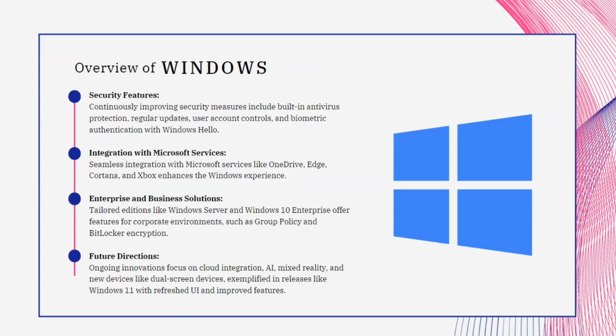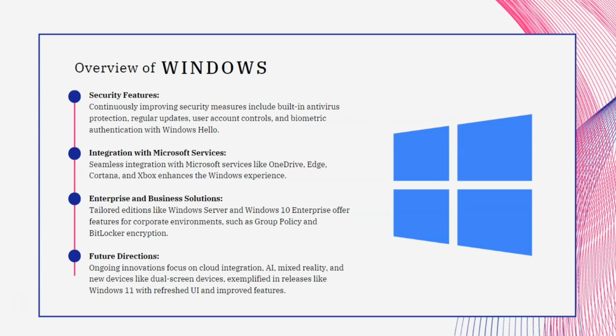Security features. Windows is known to continuously improve security measures, including built-in antivirus protection, regular updates, and user account control. Some of them, not all, but some of them have biometric authentication with Windows Hello. It's also easily integrated with other Microsoft services like OneDrive, Edge, Cortana, and Xbox.